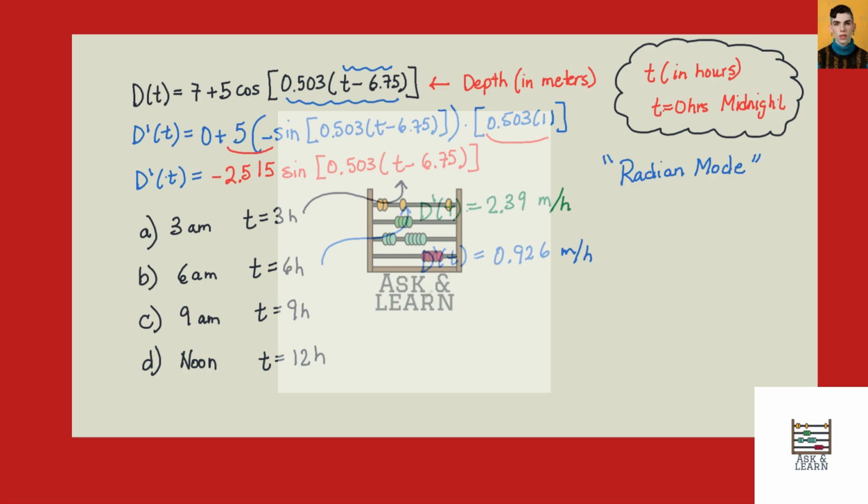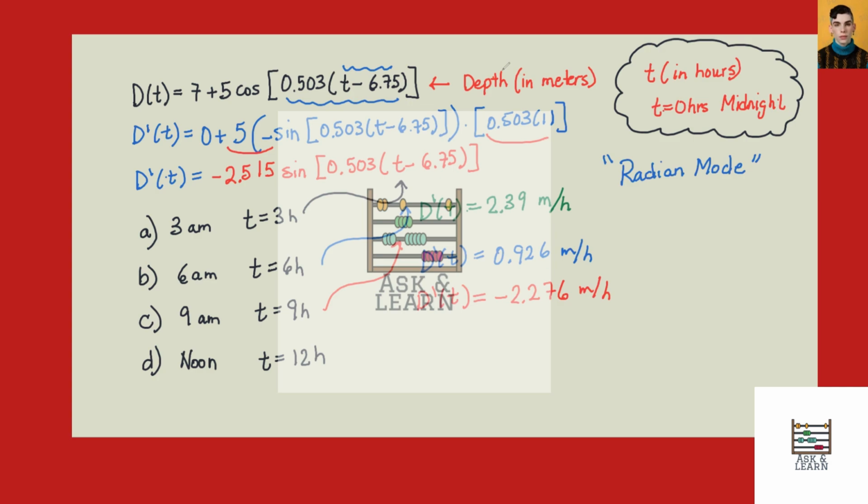Let's do 9 a.m. So we're going to plug in 9 for t. So d prime of t, our depth rate of change, is negative 2.276 meters per hour. And finally, let's do one more color.